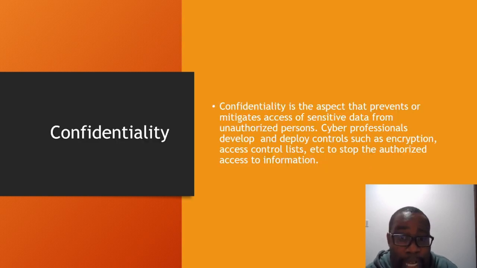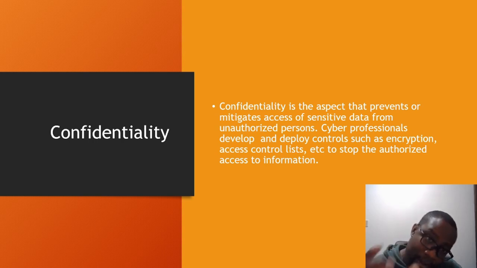So confidentiality is the aspect that prevents or mitigates access of sensitive data from unauthorized persons. Cyber professionals develop and deploy controls such as encryption, access control lists, etc. to stop unauthorized access to information, right? So to kind of put it in layman's terms, think of your data.